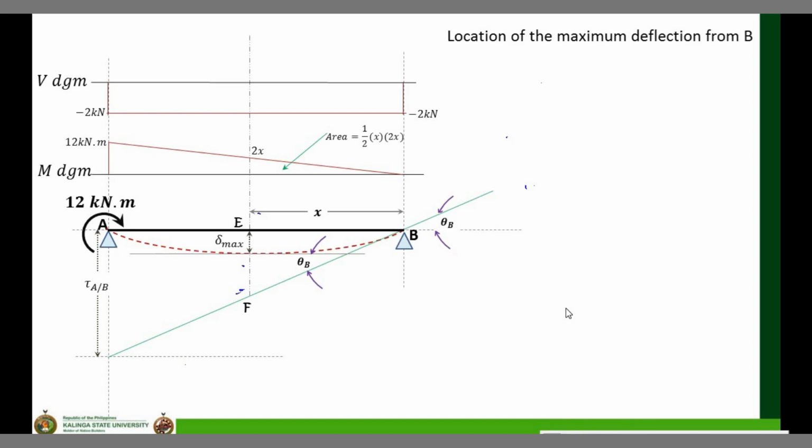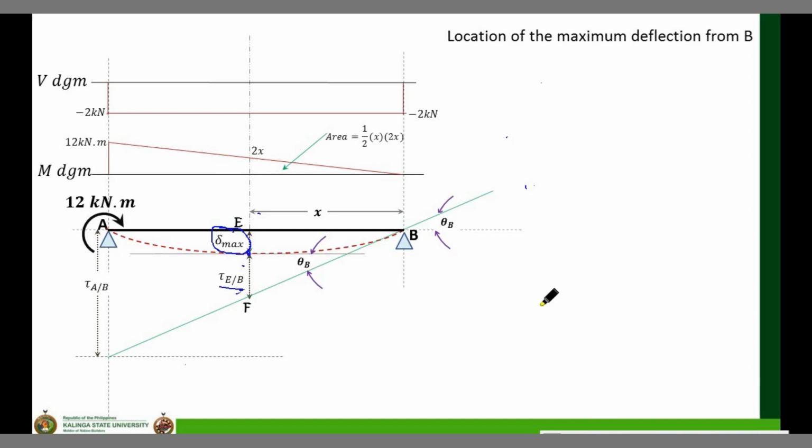So I'll say that my maximum deflection is at distance x from B. And my maximum deflection, since it is at my point E, is here. From this point E on the elastic curve, to the tangent line passing through B, that is my TEB.